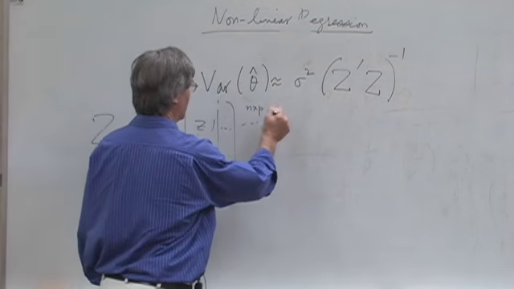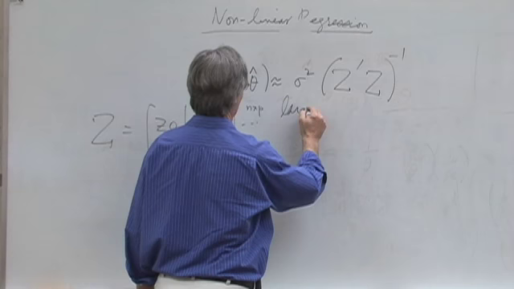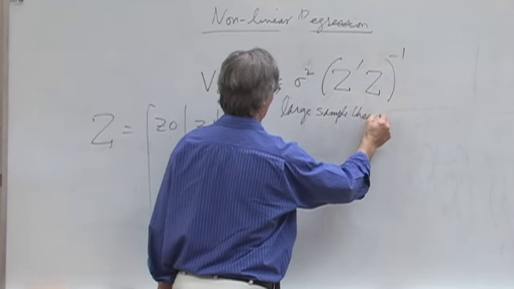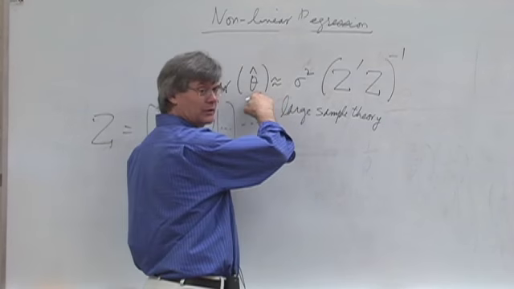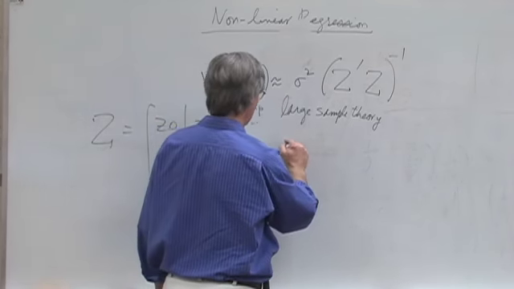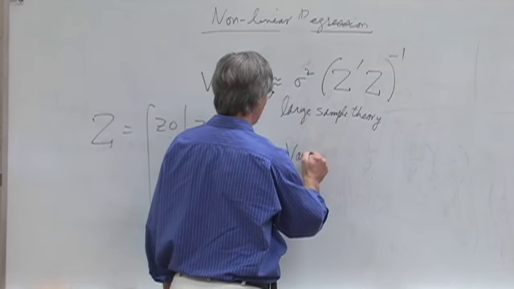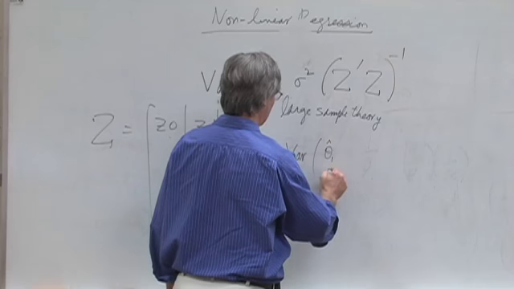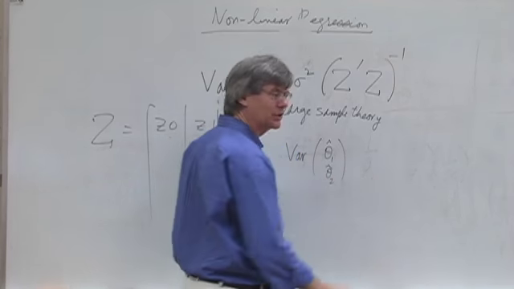So this would be the final versions of the columns. This is a large sample theory, where theta hat is the nonlinear regression estimator that we came up with. So we're talking about the variance-covariance matrix of theta 1 hat, theta 2 hat, where I'm calling them hats now when I finish.